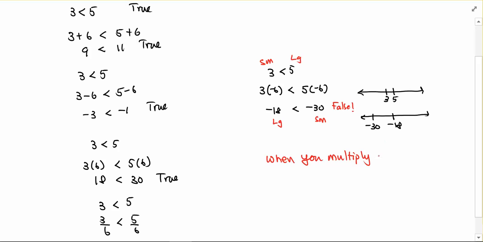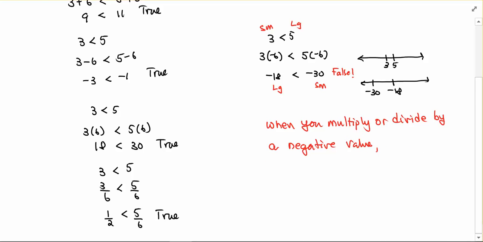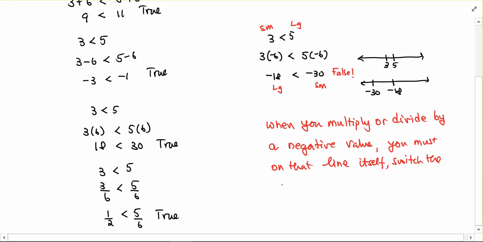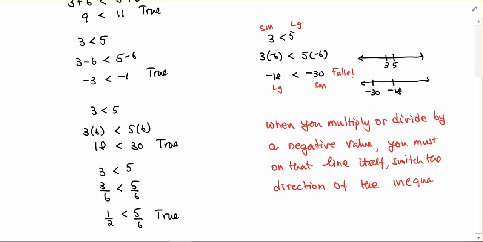When you multiply or divide by a negative value, you must, on that line itself, switch the direction of the inequality.